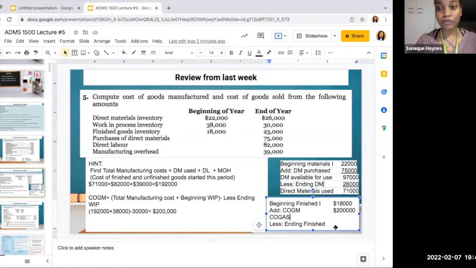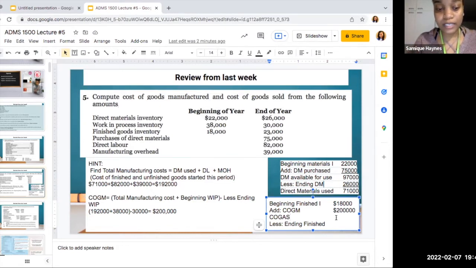You're welcome. So because we know in merchandising, we have purchases. We just purchase the clothes and sell it. We don't have that luxury in manufacturing. We have to actually produce the goods. So it's equivalent to purchases. So add cost of goods manufactured is just like saying add your purchases in a merchandising company.